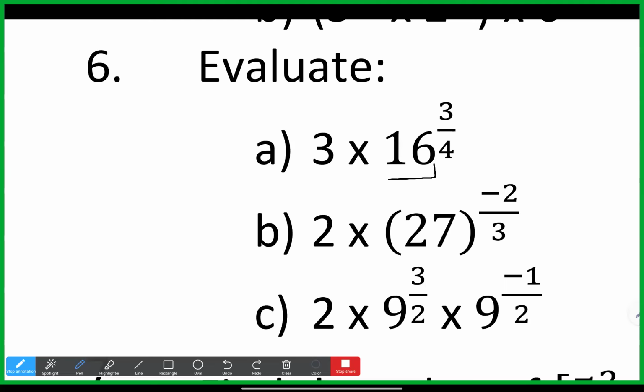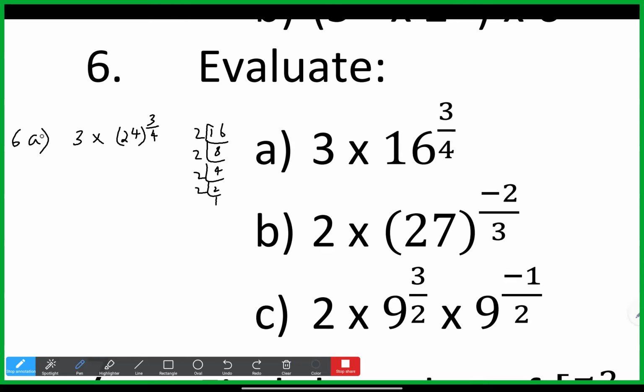Prime factorization for 16. Sir, 2 table 8, again 2 table 4, again 2 table 1. So can I write 2 power 4, whole power 3 by 4?